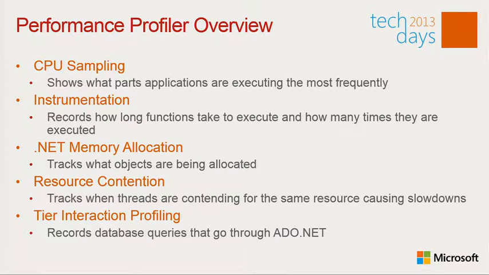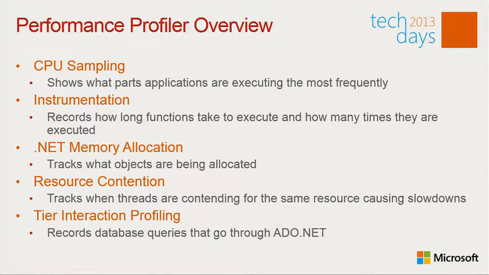It has an instrumentation mode, and instead of taking that statistical approach that sampling does, it records how long functions take to execute and how many times they are executed.